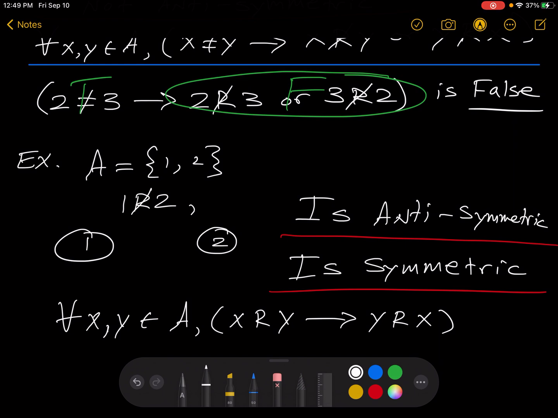And also we know that 2 is not related to 1. So XRY is always false. And anytime you start with a false, you know the overall if-then statement is true. So it is symmetric.